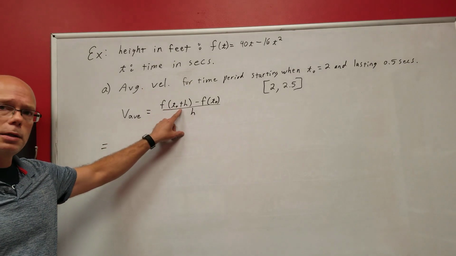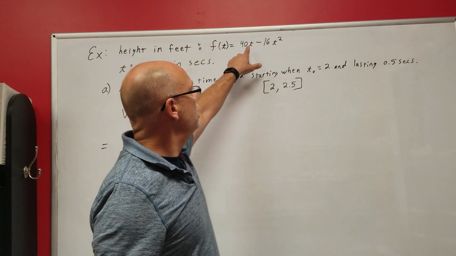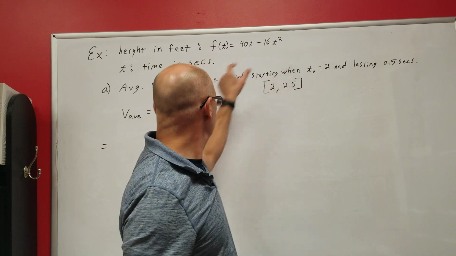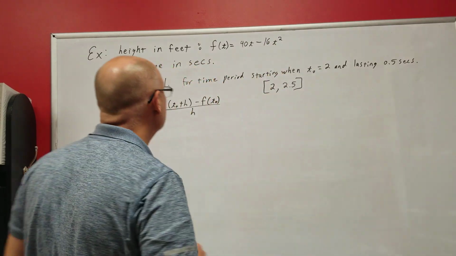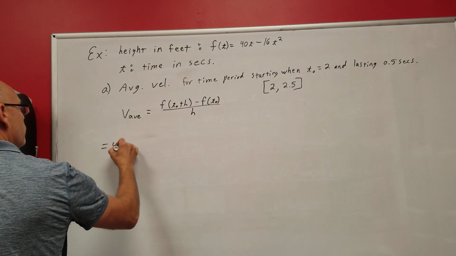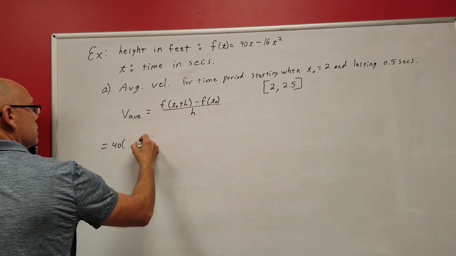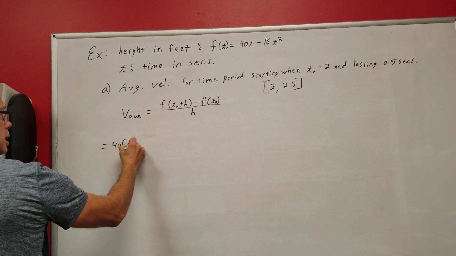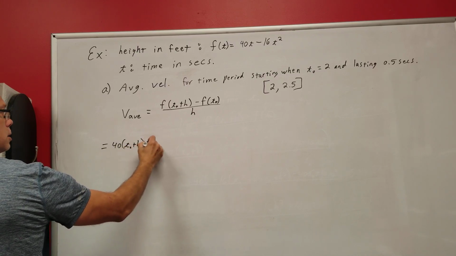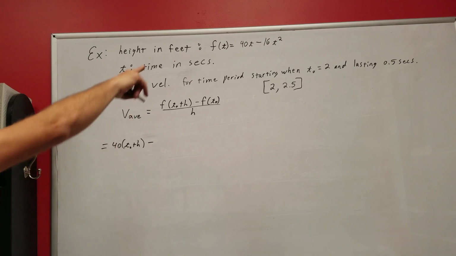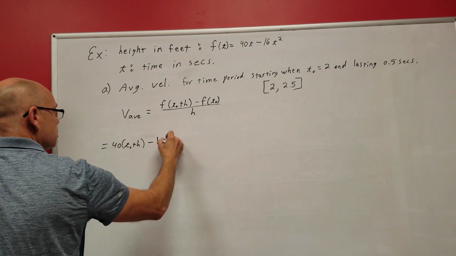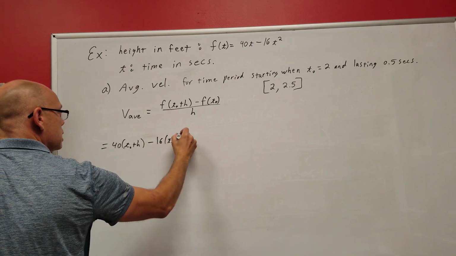f at t naught plus h tells me here I'm going to sub in t naught plus h. So I have 40, but instead of t right here, I'm going to put in t naught plus h, minus 16 times t naught plus h squared.